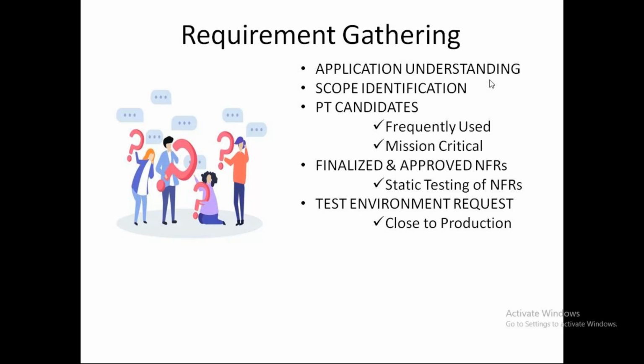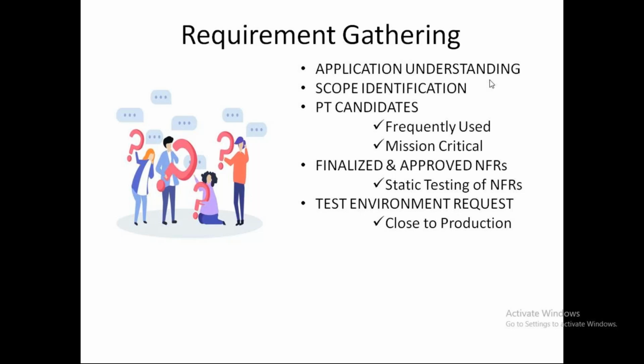Then once you understand, you need to identify your scope. That is very important, guys. It means what is going to be in the scope of performance testing. Scope is a very vast one, guys.